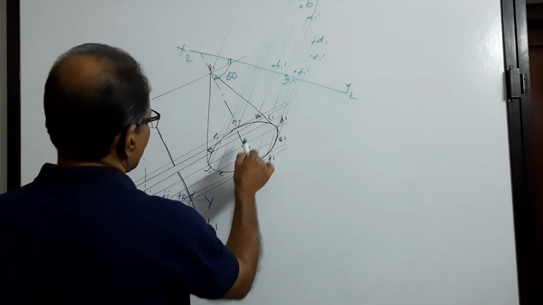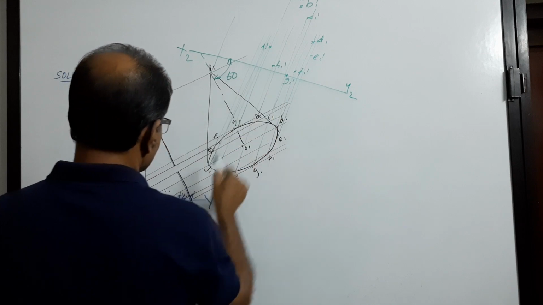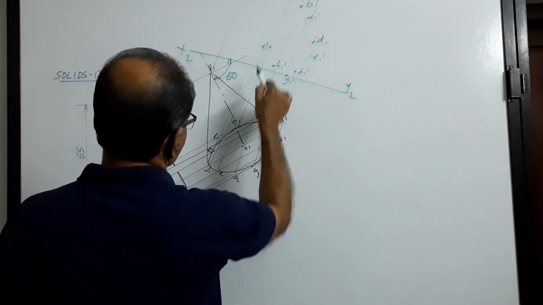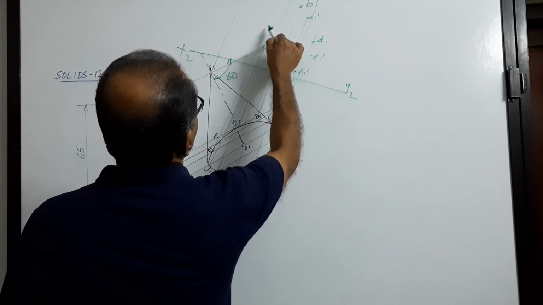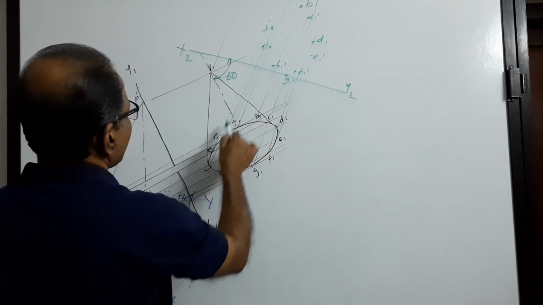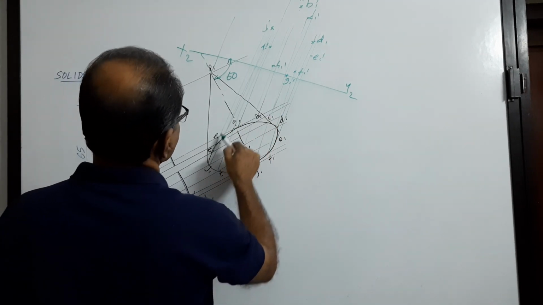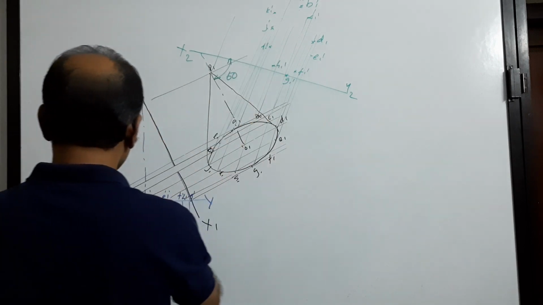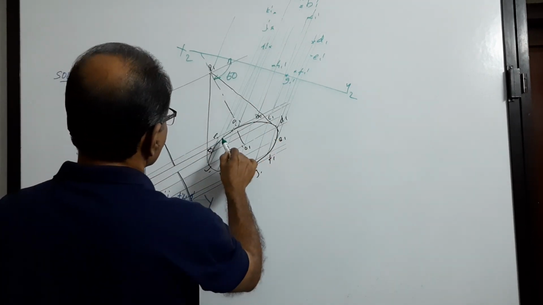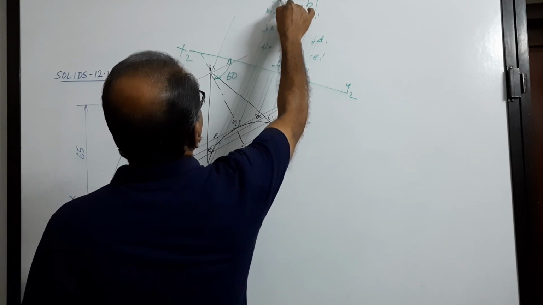I, I1 dash. J, J1 dash. K, K1 dash. L, L1 dash.